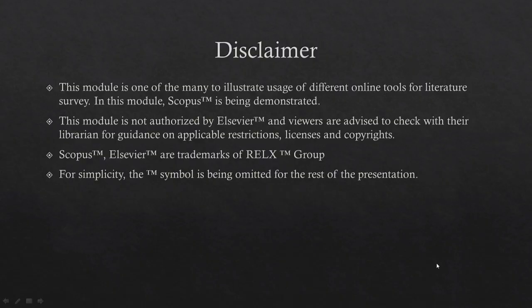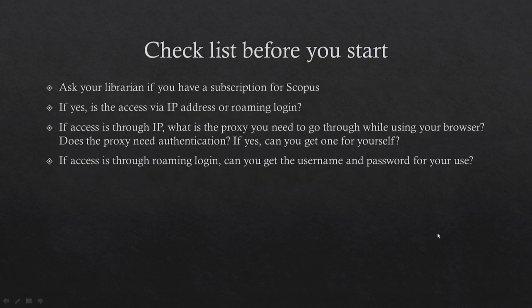As usual, again we must make a disclaimer. There is a checklist that we must have before we start a literature survey using Scopus as a tool. We must obviously ask whether we have access to the Scopus tool.